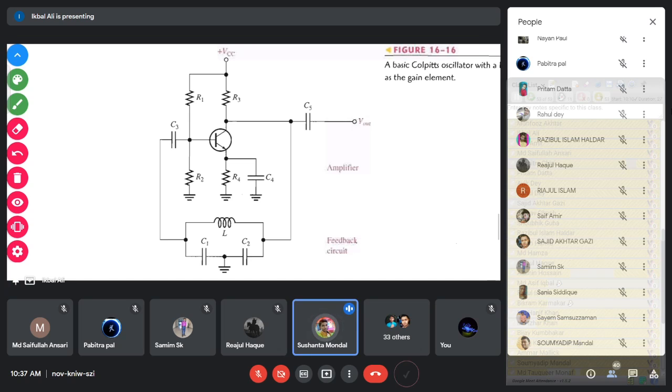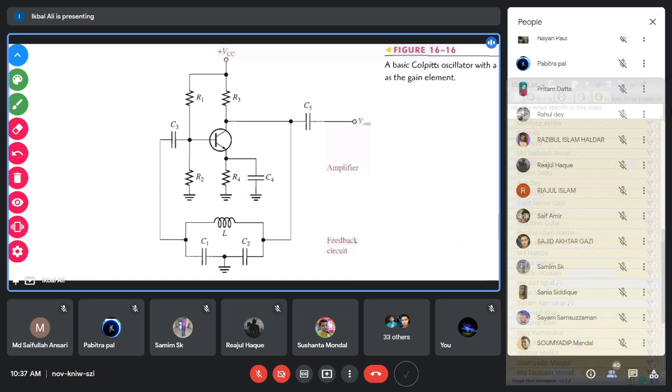Where are these basic Colpitts oscillators used? Most probably the Colpitts oscillator is used as a radio frequency oscillator. You have heard the FM channels.